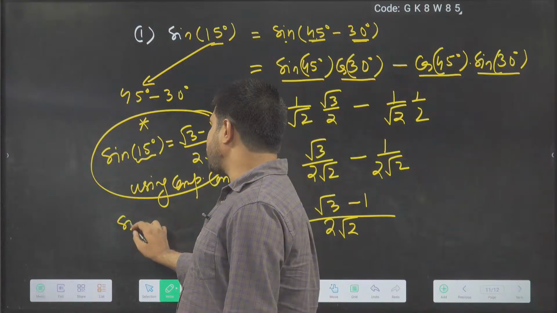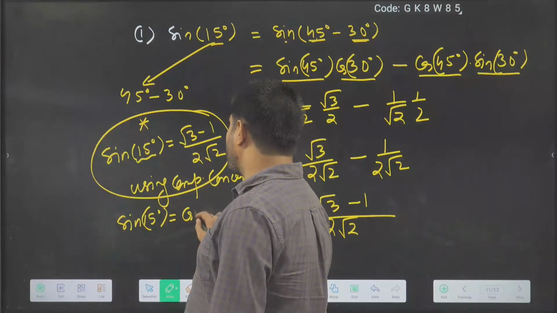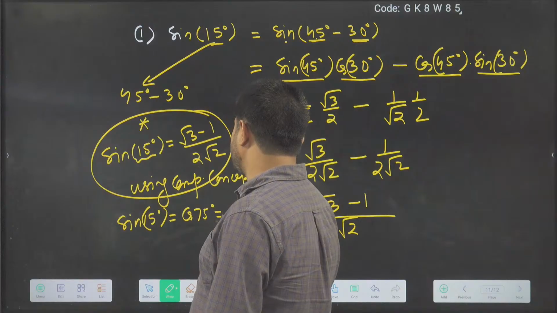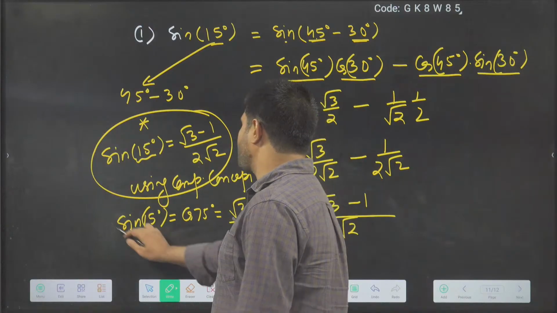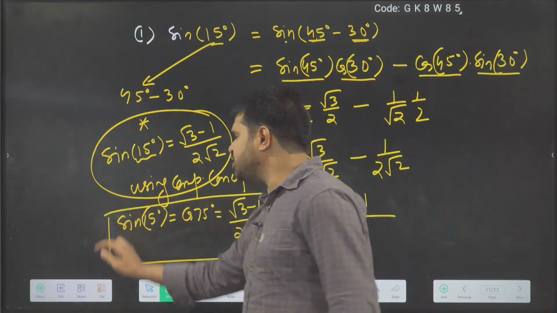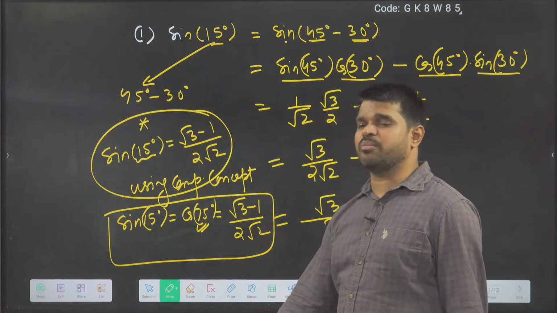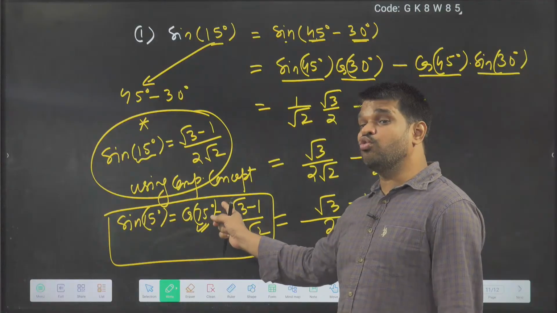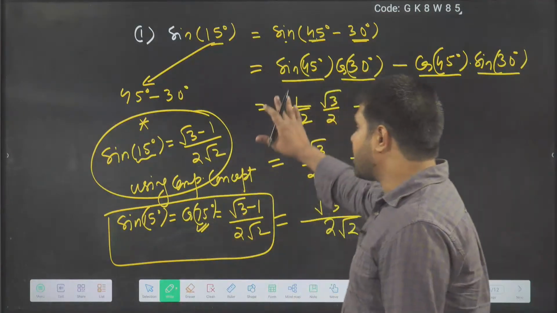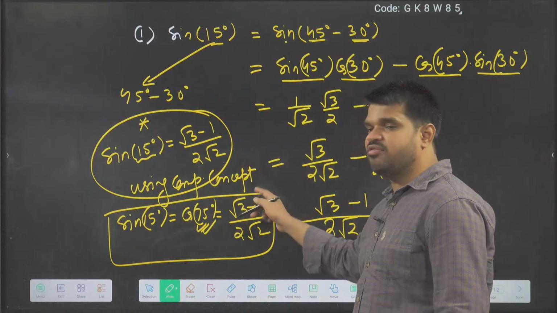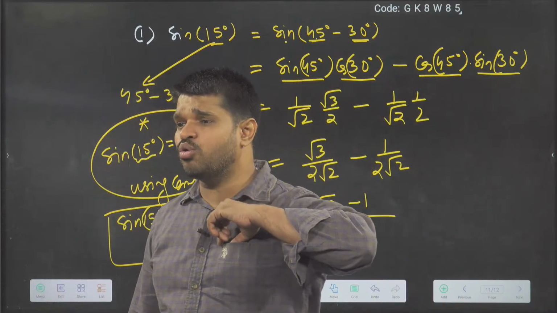So sine 15 degree is the same as cos 75 degree, which is root 3 minus 1 by 2 root 2. You will justify it in the next step. Okay, write it. Let's justify whether we are getting the same answer or not. I will tell you how.